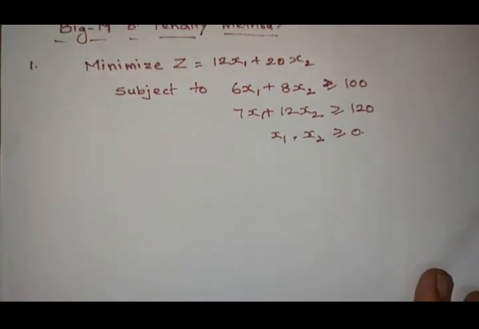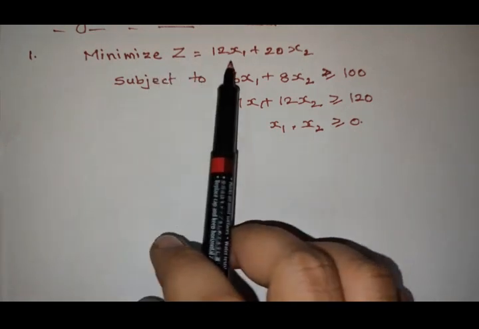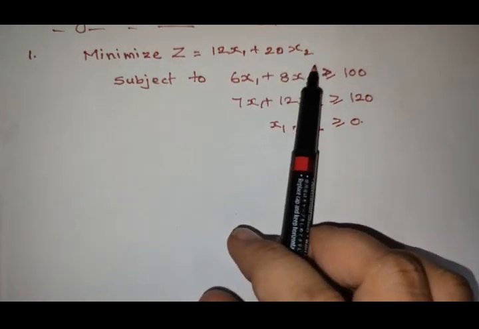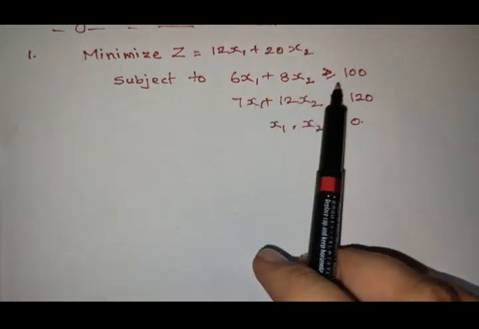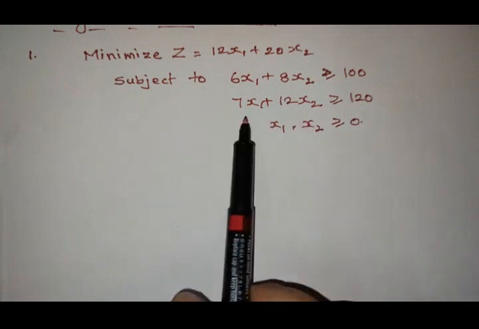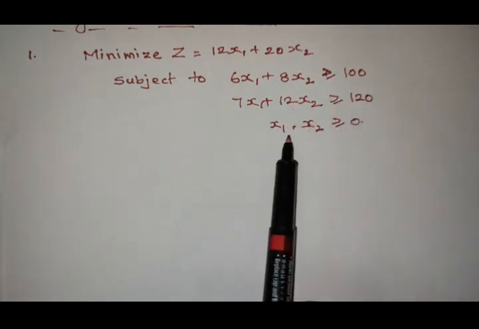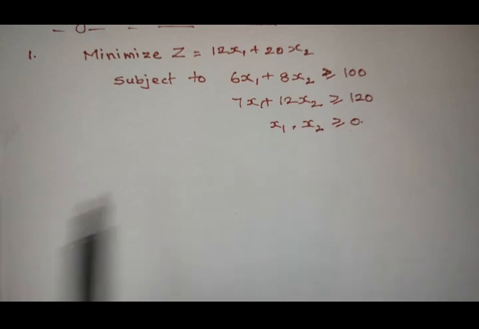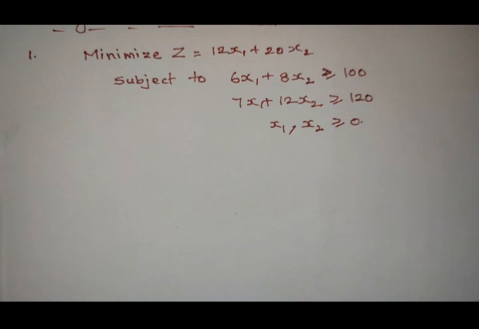The first problem is minimize z equals 12x1 plus 20x2 subject to 6x1 plus 8x2 greater than or equals to 100, 7x1 plus 12x2 greater than or equals to 120, x1, x2 greater than or equals to 0, right? So this is the problem.